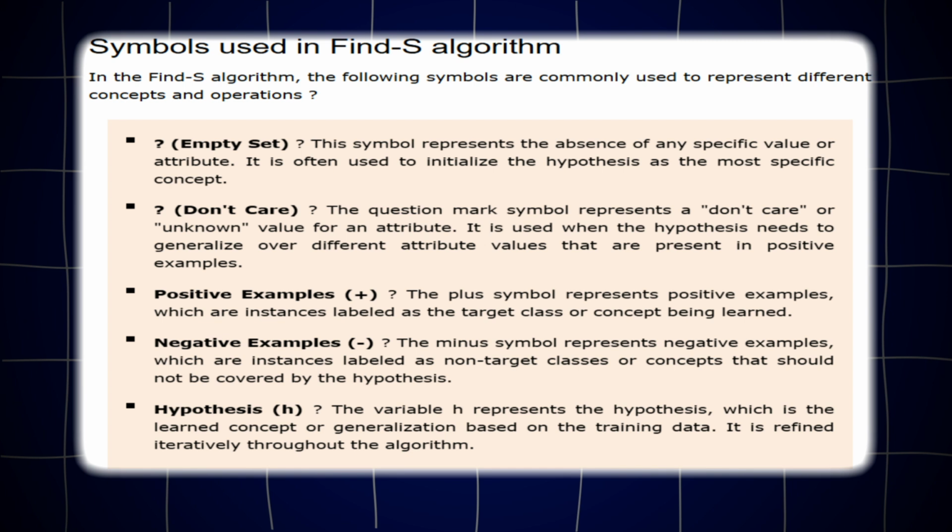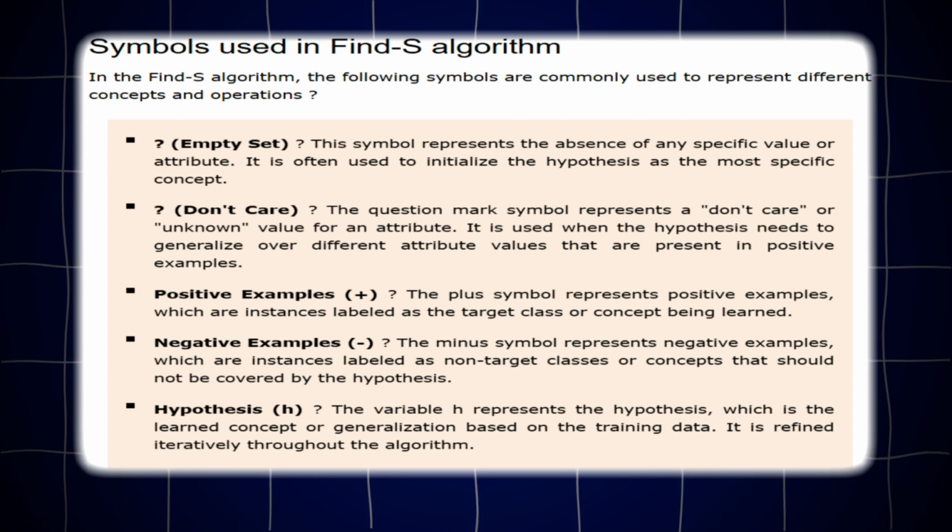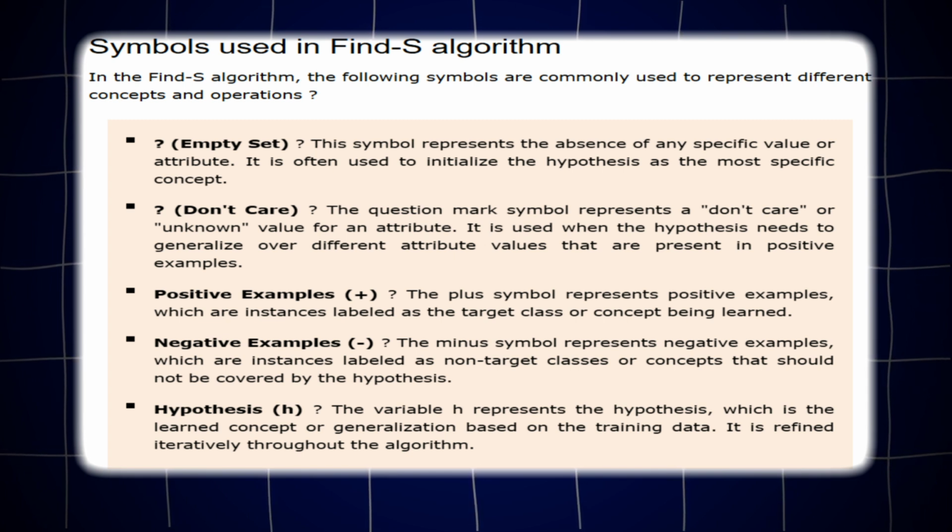The minus symbol represents a negative example, an instance labeled as a non-target class that should not be covered by the hypothesis. The variable H represents the hypothesis, the learned concept or generalization based on the training data, which is refined iteratively throughout the algorithm.